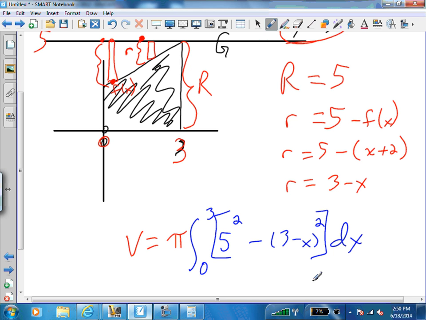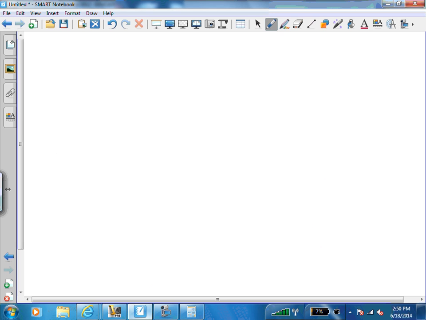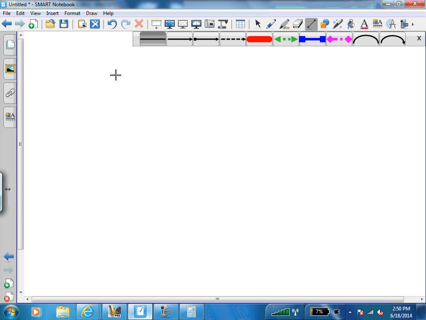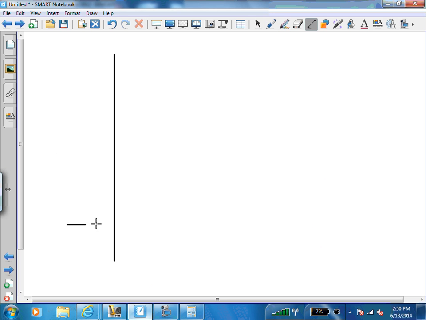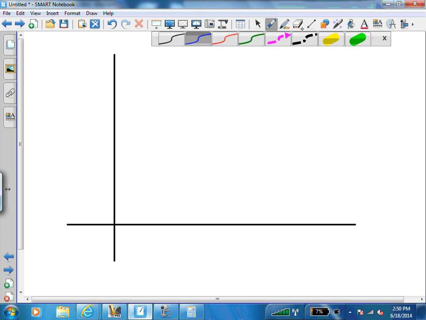So in the problem, they're going to tell you what region. They're going to say, rotate the region bounded by these equations. So they would say, we want the region bounded by this, and we're going to rotate that around this axis.